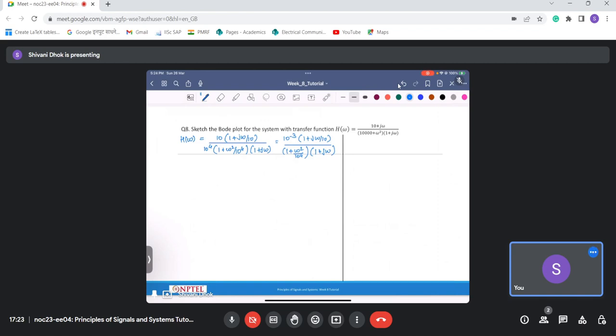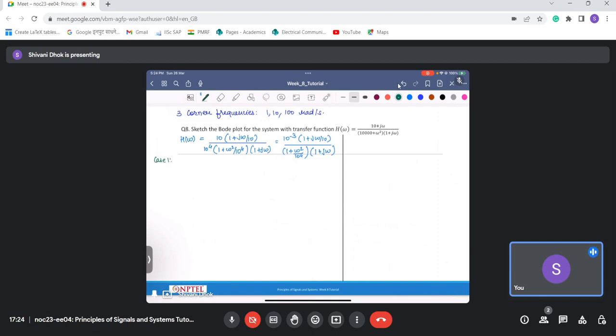Okay, now if you observe here, again we have 3 corner frequencies. First one is 1, second is 10, and third is 100 radian per second. Okay, now let us consider the cases for them. So the first one is case 1.